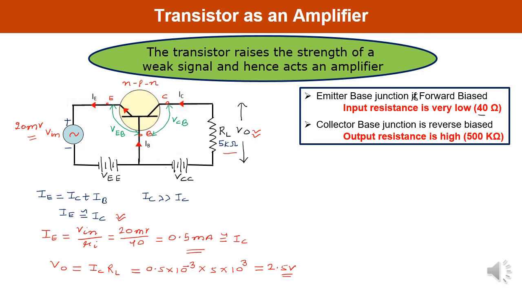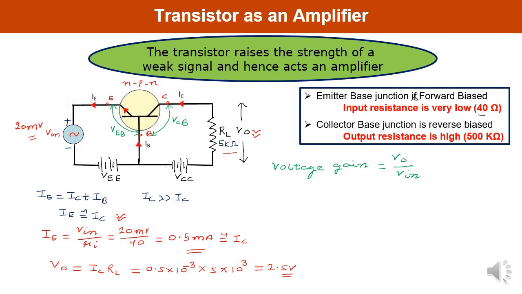Input voltage you know, output you have calculated. It means now you can calculate the voltage gain or voltage amplification of the amplifier. How to calculate it? It is the ratio of output voltage upon input voltage. You know that the gain is output upon input.